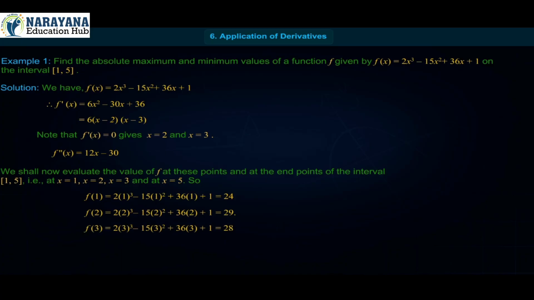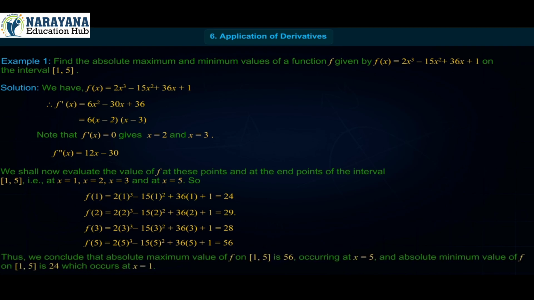f of 3 is equal to 2 into 3 cube minus 15 into 3 square plus 36 into 3 plus 1 is equal to 28. f of 5 is equal to 2 into 5 cube minus 15 into 5 square plus 36 into 5 plus 1 is equal to 56.